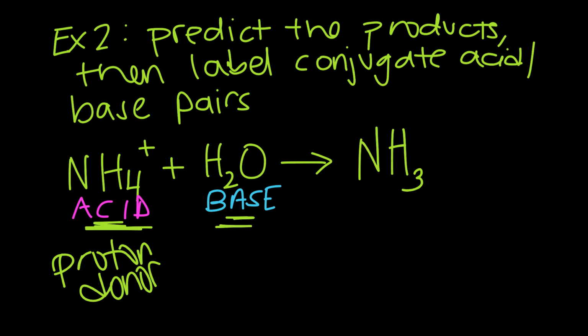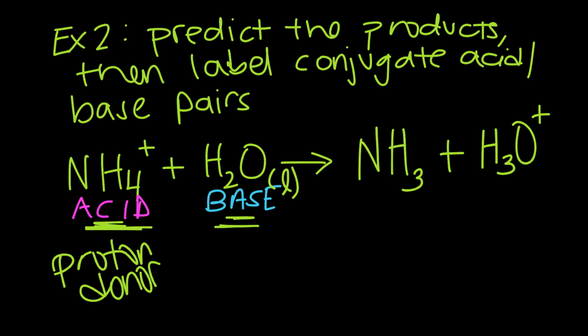And then we look at our base, and the H plus can't just disappear, so it gets transferred instead to our base, which is a proton acceptor. So it's not going to be H2O, it's going to be H3O. And since an H plus was added, we have to give a plus sign there. By the way, these are all aqueous except for the water, which would be a pure liquid. So make sure it's balanced. It is. These are always going to be easily balanced because you're only transferring an H plus.